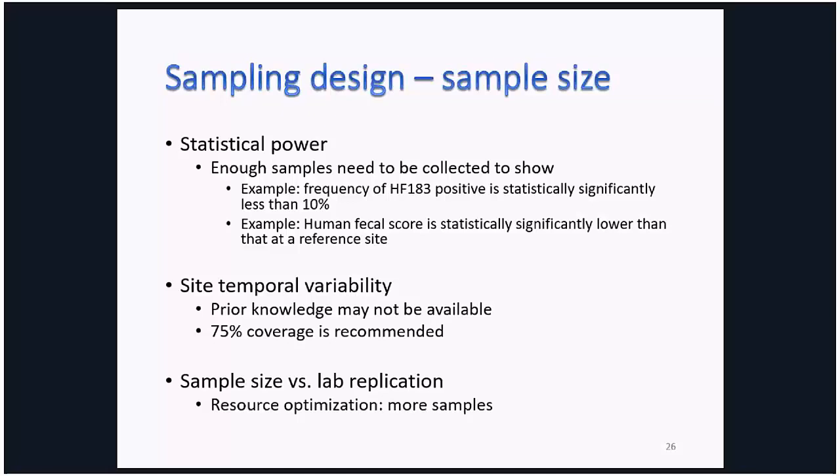Then finally, do you choose more samples or more replicates per sample in the lab? For resource optimization, if you have limited resources, always go for more samples. Next slide.